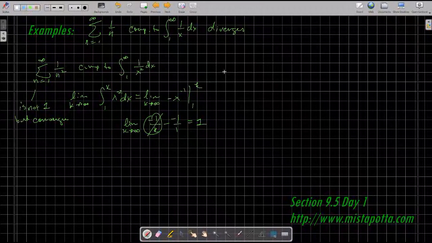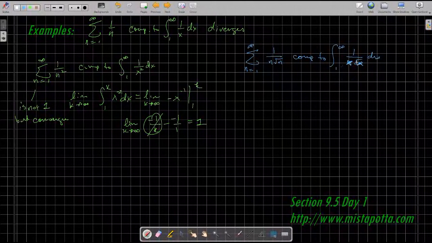So let's try the sum of 1 over n radical n as n goes from 1 to infinity. Now I should compare this to the integral from 1 to infinity of 1 over x radical x dx.